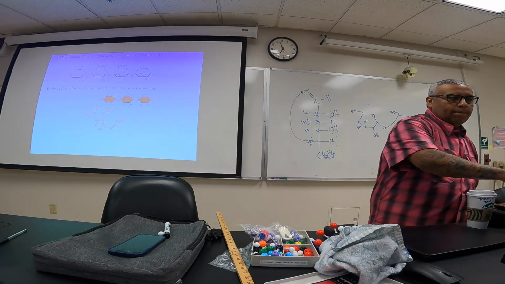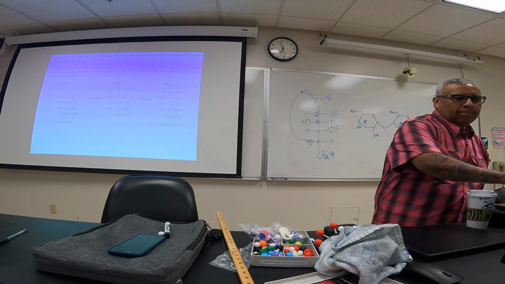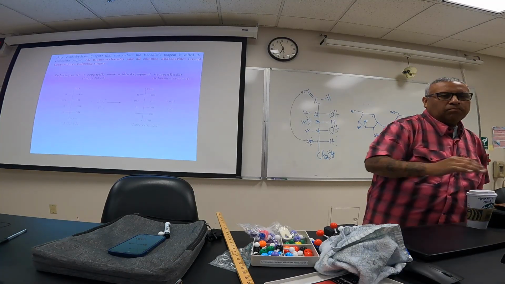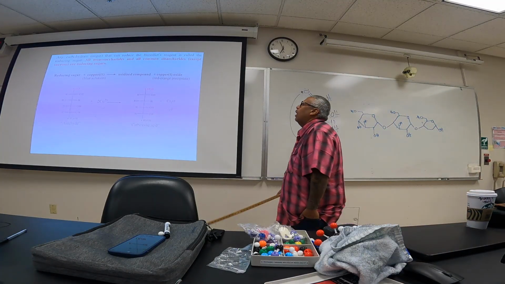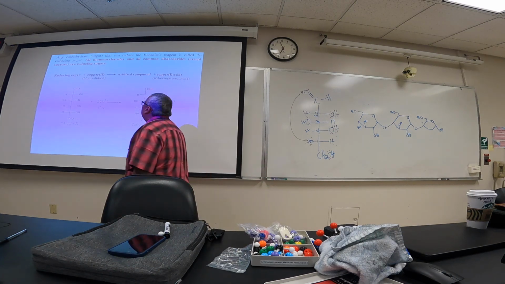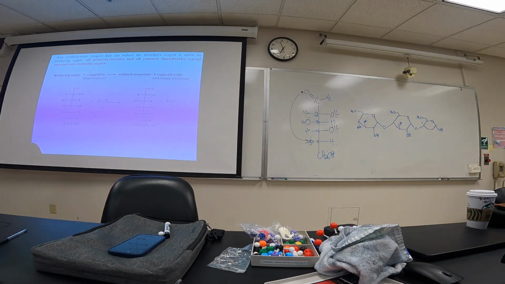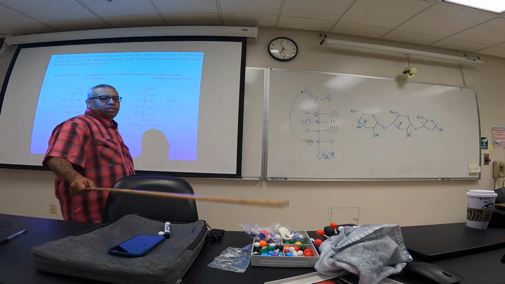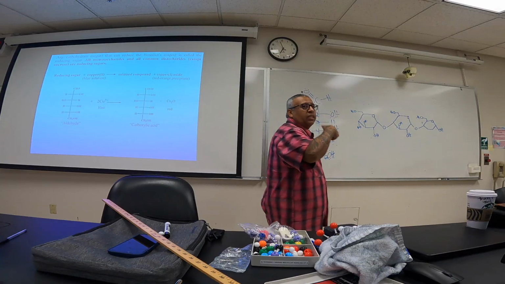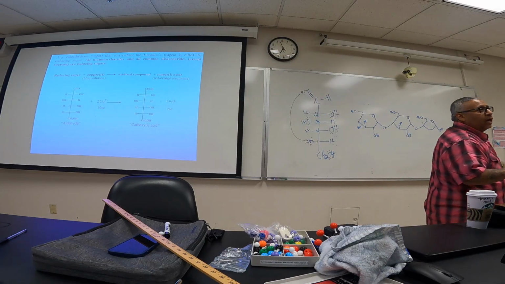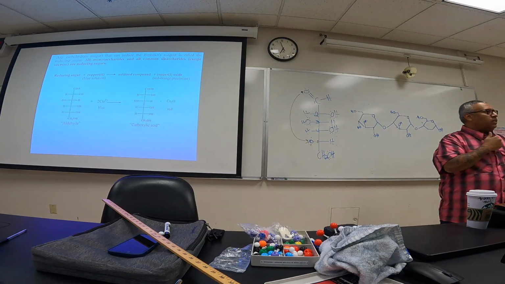Now, any carbohydrate or sugar that can be reduced is what we call a reducing sugar. If it can be reduced, it's a reducing sugar. All monosaccharides, whether it's an aldose or a ketose, if it's a monosaccharide, we can oxidize it.